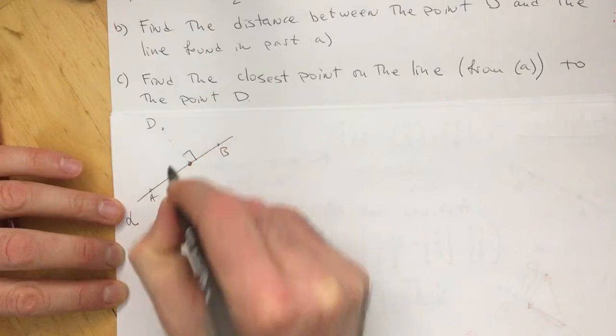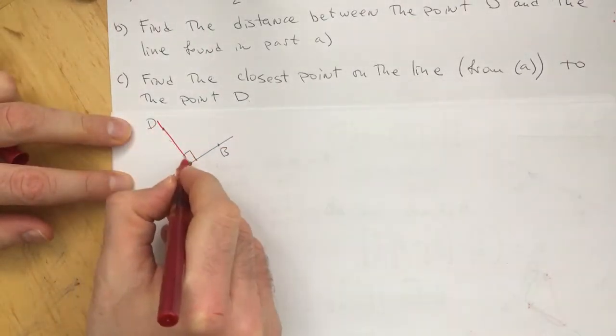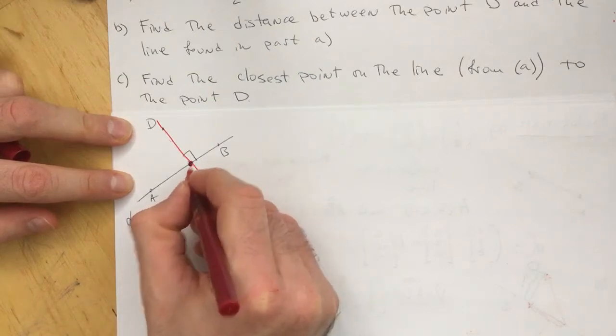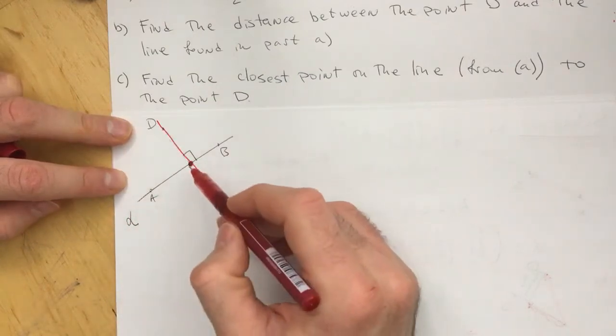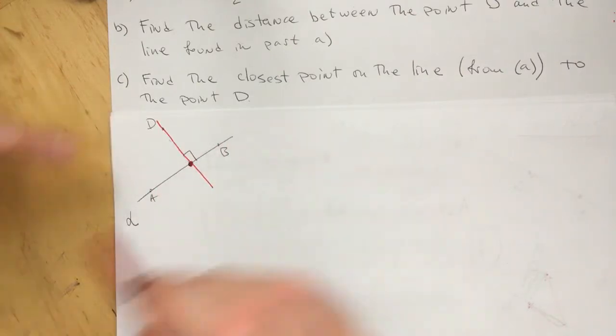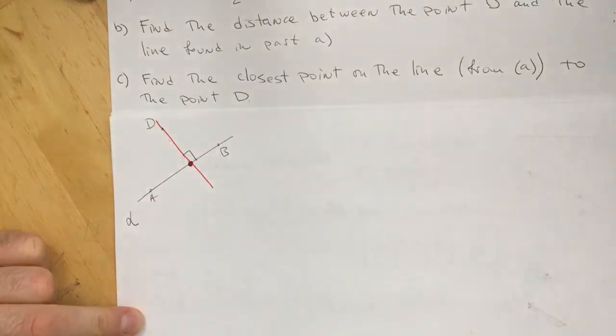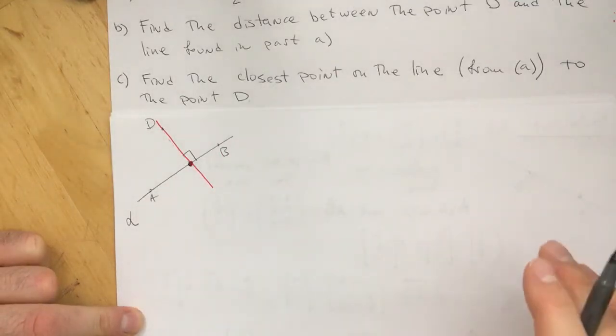We're looking for this point right here, where the line crossing through that point and D is orthogonal to any vector parallel to the line L.